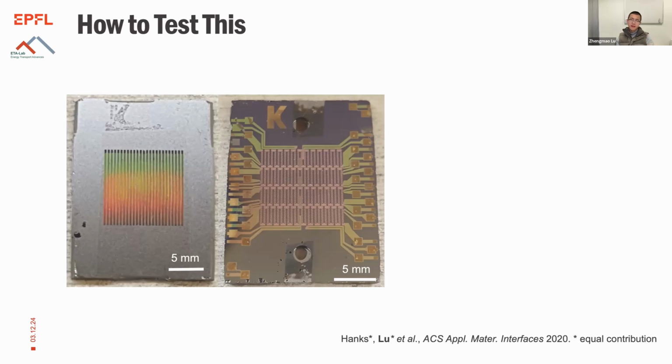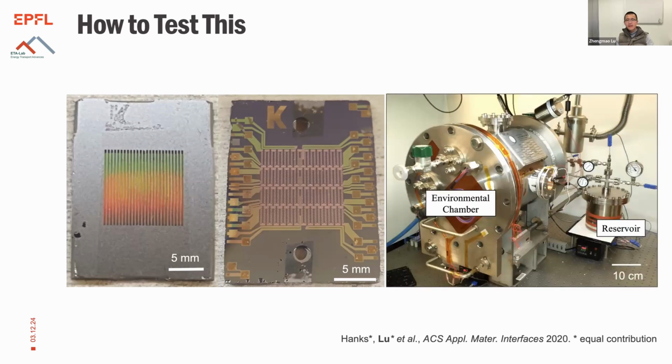This is to simulate the electrical thermal load. Then an environmental chamber was built to create the pure vapor ambient for different types of fluids. That's what we're going to test. Then we can report the heat flux as a function of the temperature rise between the vapor in the chamber and the backside of the device.